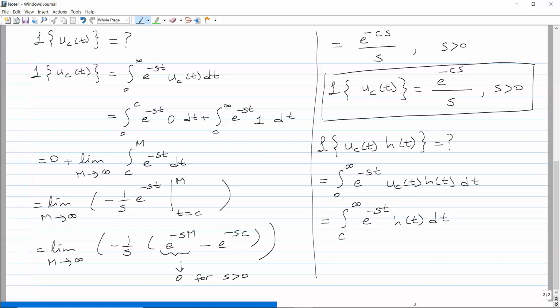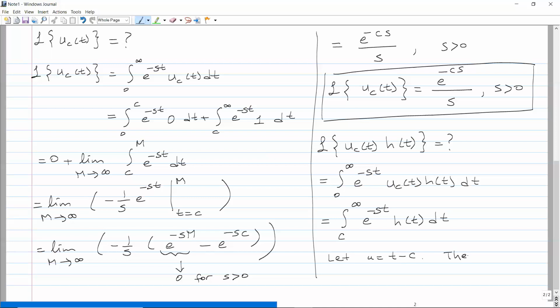Now we want to say that this integral is the Laplace transform of h, but not quite, because in order to be the Laplace transform, the lower limit of integration should be 0. So we can make a change of variables. We can let u be t minus c.